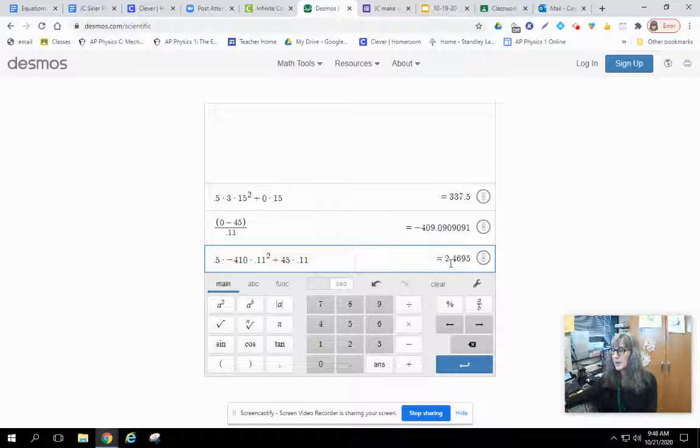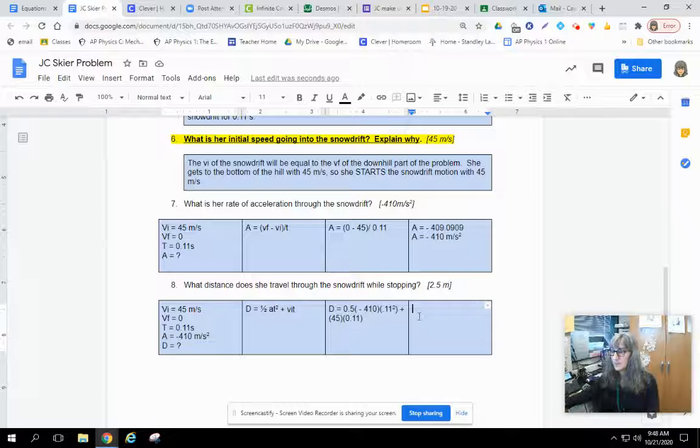And our answer that pops up here is 2.4695. And that is distance. So now let's round that to 2 digits. B is equal to 2.5 meters.